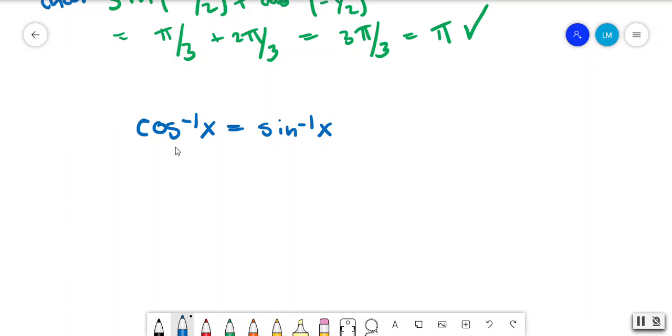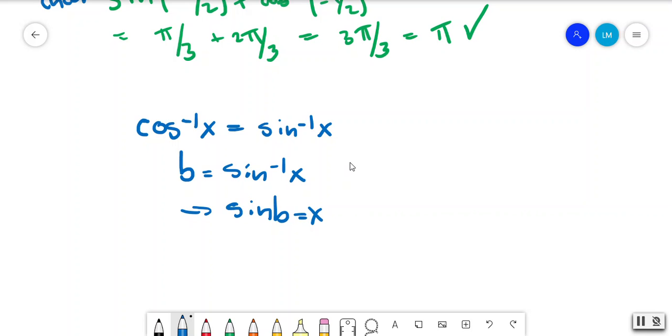In this case, you would just say, okay, well, that equals maybe b, and that equals sine inverse of x, which means by definition that sine of b is equal to x. So in that case, you would have to figure out from there what x would have to equal, or if it's even possible.